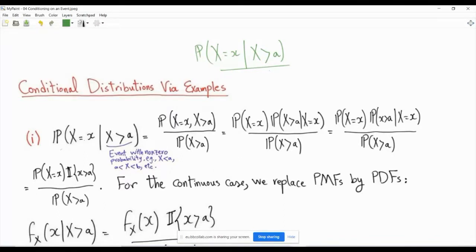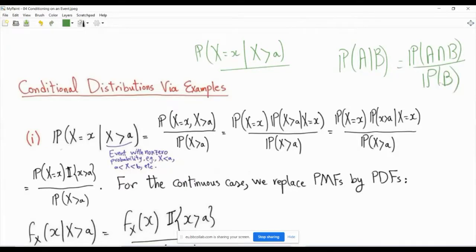If you have the probability of A given B, remember, it's the probability of A intersection B divided by the probability of B. So this probability is equal to the probability that big X is equal to small x, and big X is greater than A, this is the event we are conditioning on, and then in the denominator we divide by the probability of that event, and that's the reason we need this event to have a strictly positive probability so that we do not divide by 0.